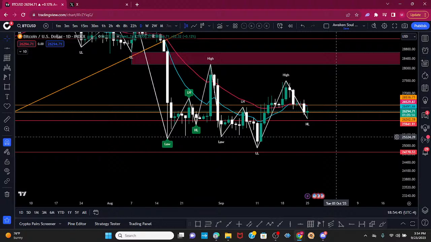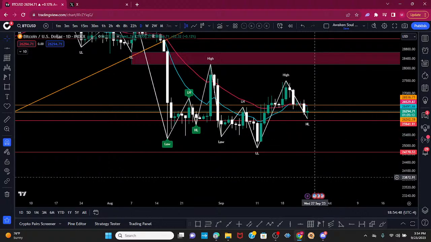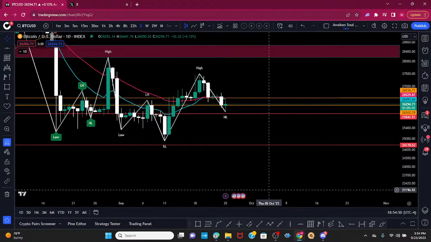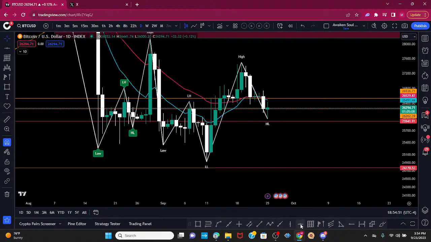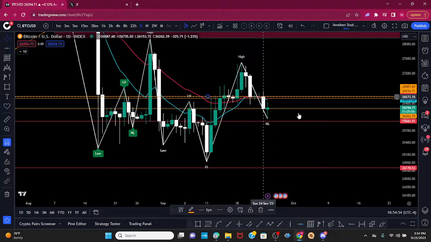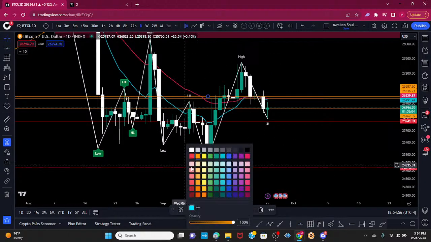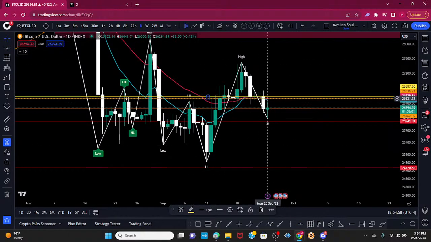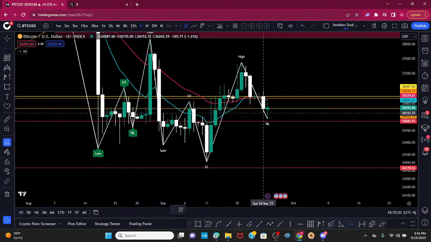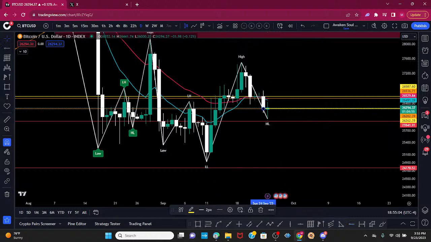Just to get my mind going more than anything. So on my daily, I'm going to do the same process in regards to getting my range using the previous candle. That is candle open, and this is candle close, the same as our weekly. So I'm just going to go ahead and tag it there.